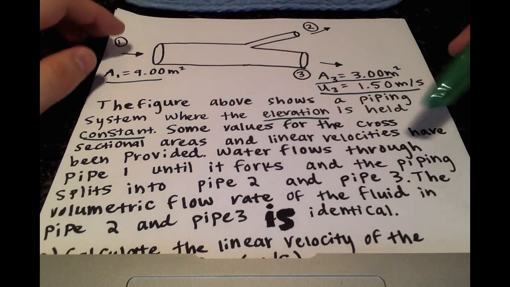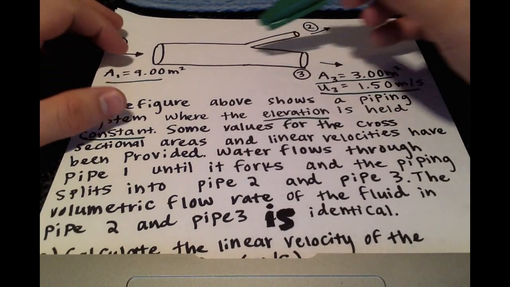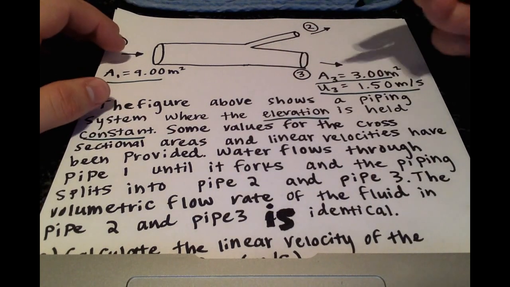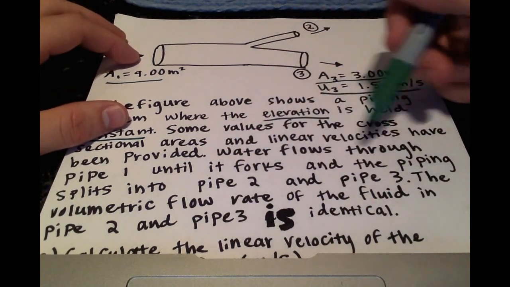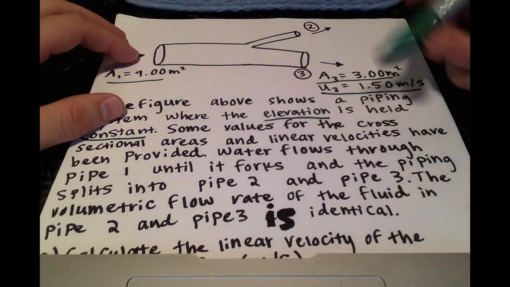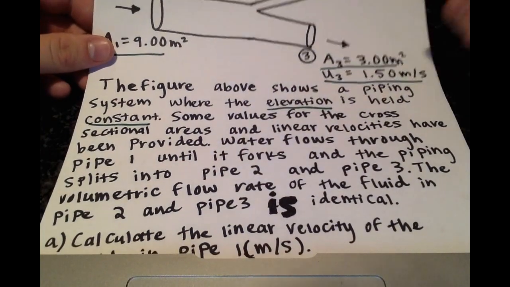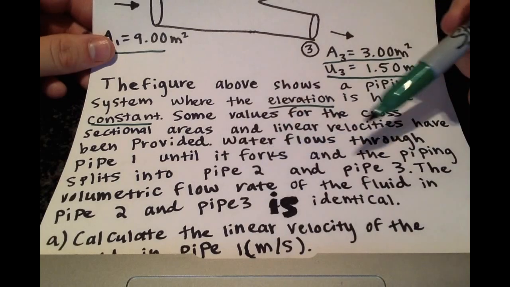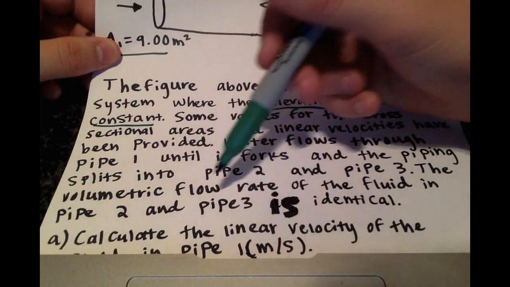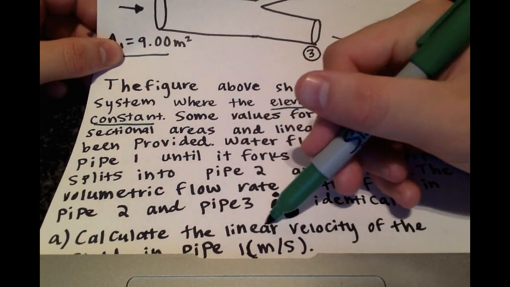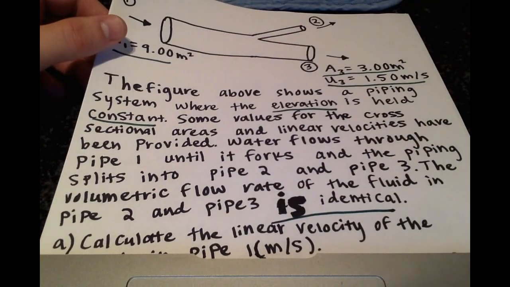and we're told that water flows through this pipe and it forks into pipe 2 and pipe 3, and we're also given another useful piece of information that the volumetric flow rate of the fluid in pipe 2 and pipe 3 is identical.